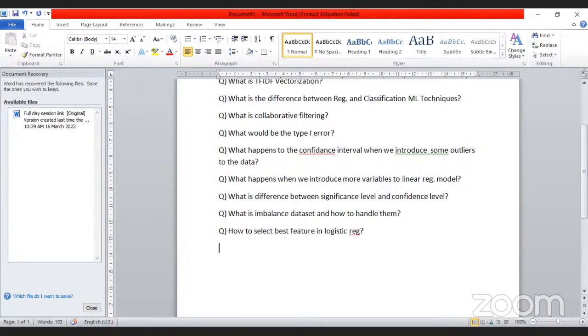If you want to know the best feature, apply the step function, which calculates AIC for different permutations and combinations of features and provides you with the best features for a logistic regression in this data set.